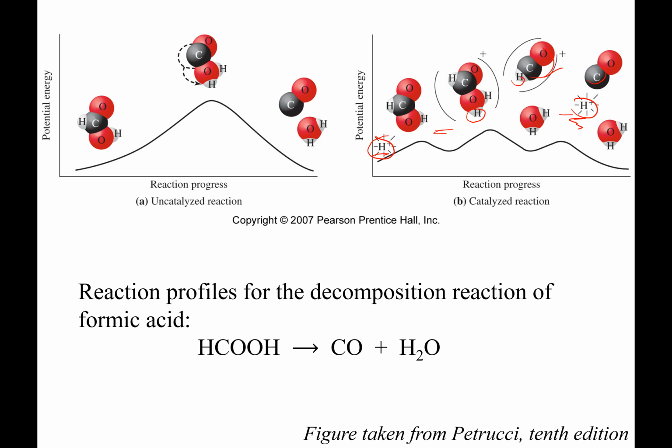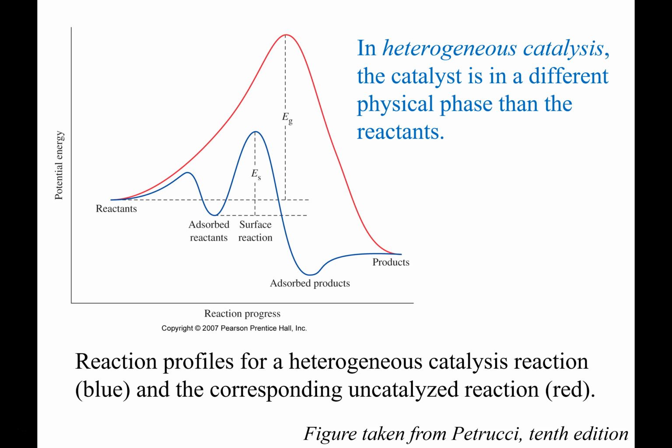But the point here is that the activation energy is less with the catalyst versus without the catalyst. So of course, you guys hopefully tell me the pink here is without a catalyst, the blue is with a catalyst. So you're going to look for the lower one.